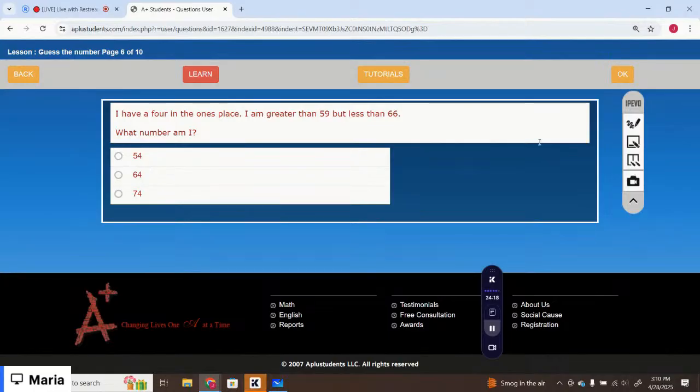The number between 59 and 66 that has 4 is 64. Option number 2 is the correct option. That is 64.